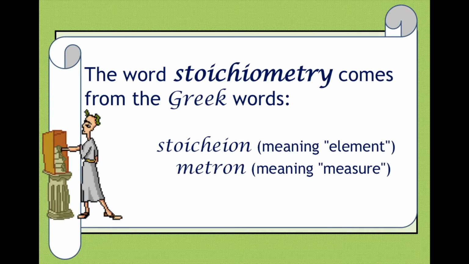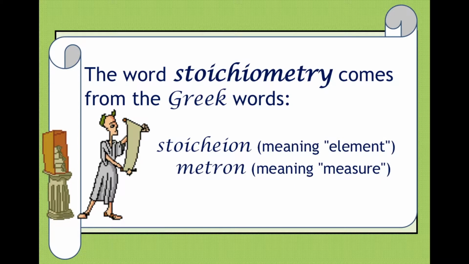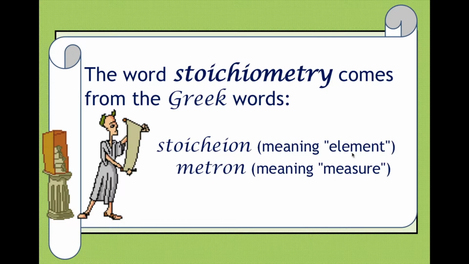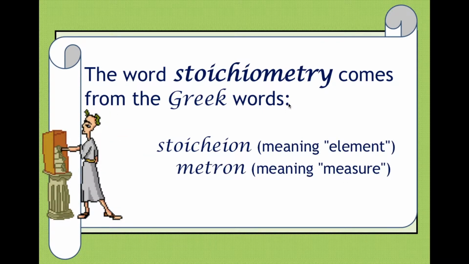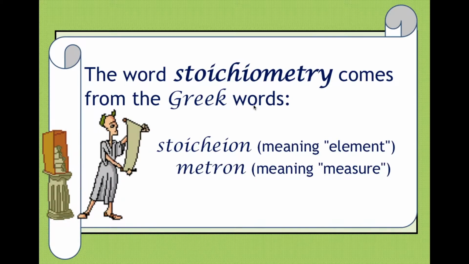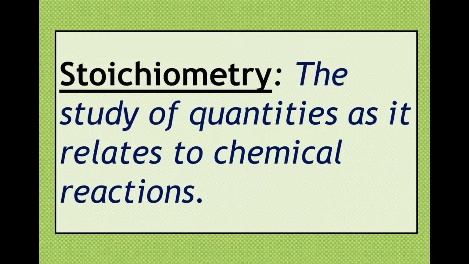So for my Greek students, you may have already noticed what this word kind of breaks down to be. We're just measuring elements, and that's it. We're measuring elements using the coefficients in front of each piece of the chemical reaction. So by definition, here's the definition.